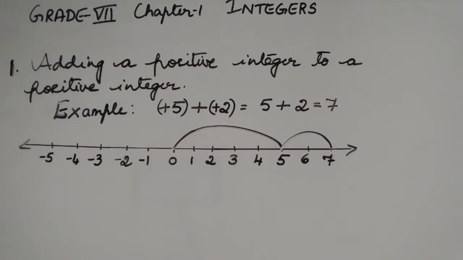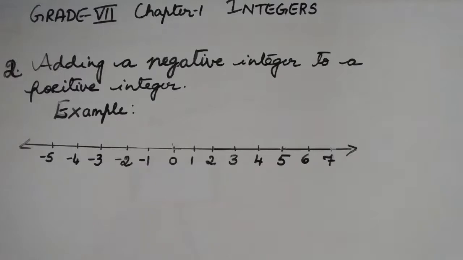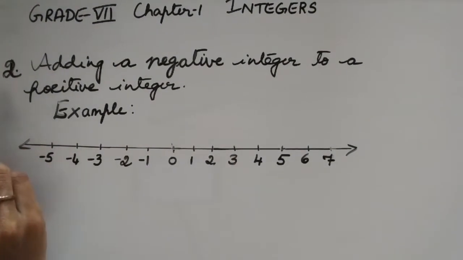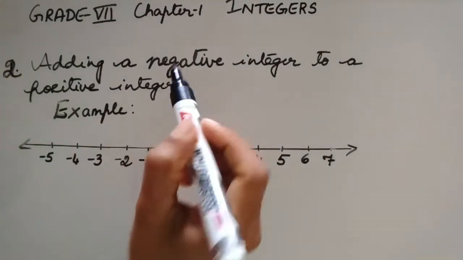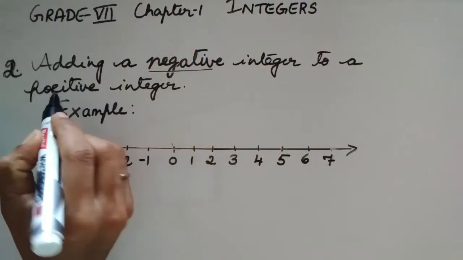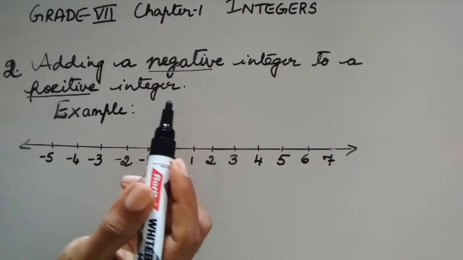Now let us learn the method of adding a negative integer to a positive integer. Okay, look here, students. This is the second one, that is adding a negative integer to a positive integer.